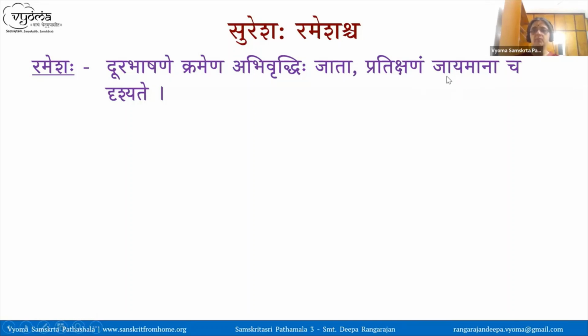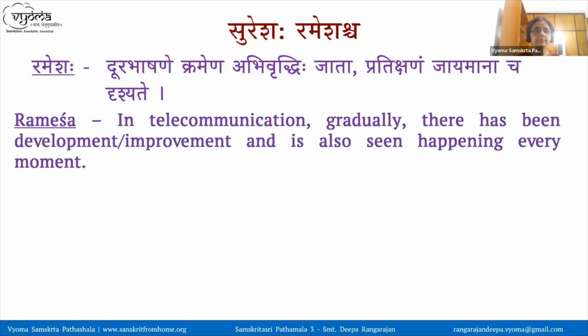It is in Strilinga because it describes abhivriddhi. How is the abhivriddhi? It is happening continuously. So pratikshanam jayamana cha drishyate. It is seen. In telecommunication, gradually there has been development and improvement and it is also seen happening every moment.